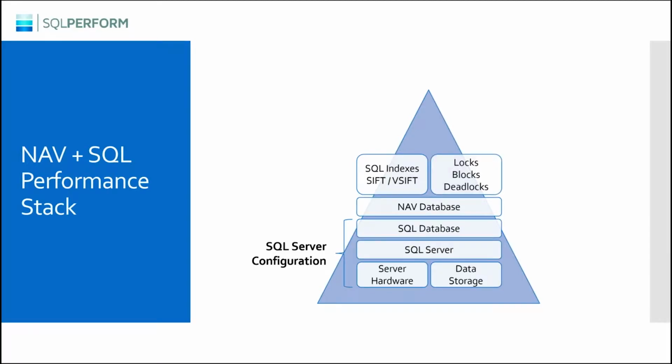All right, so we were talking about this layer where we have locks, blocks, and deadlocks. This layer, what I like to refer to is the NAV database configuration layer. So this is the settings that you set up on the SQL Server backend, specifically around NAV. And this layer might be a little different than the way you might specify some databases for other applications. So this is an application-specific set of configurations for the NAV SQL Server database.